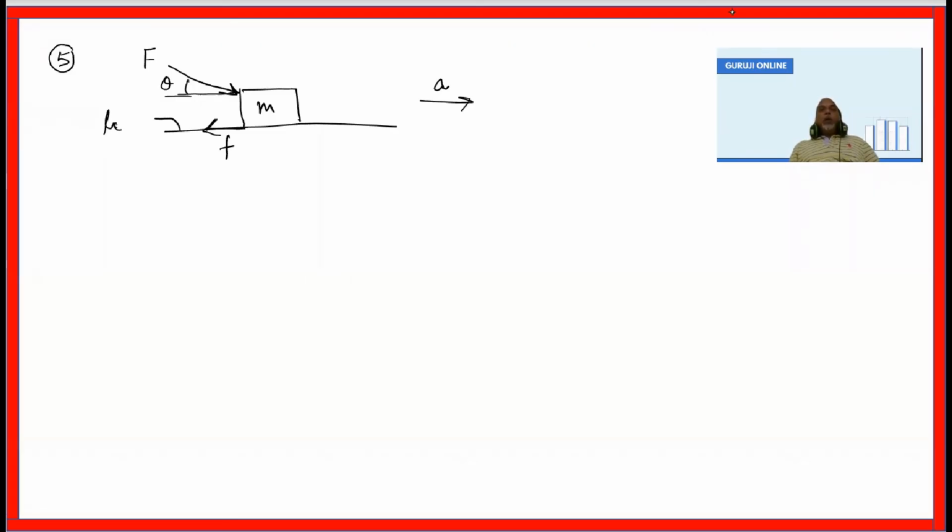Now, let us mark the forces here. Just see here, gravitational force will act downwards and a reaction will be like this. This force can be resolved in horizontal component as well as in vertical component, and this will be nothing but F cos theta, and this is F sin theta. Correct.